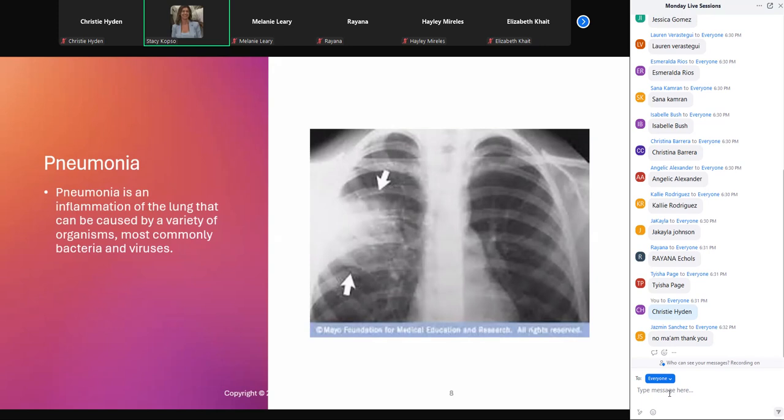You can throw it in the chat. Give everybody a minute to answer that in the chat. And which decubitus, because I'm specific, I said right lower lobe pneumonia.